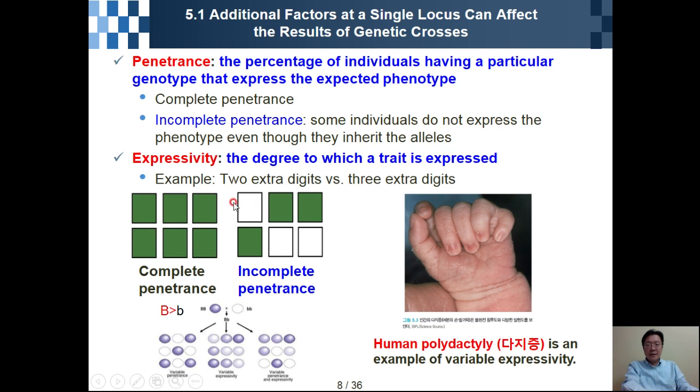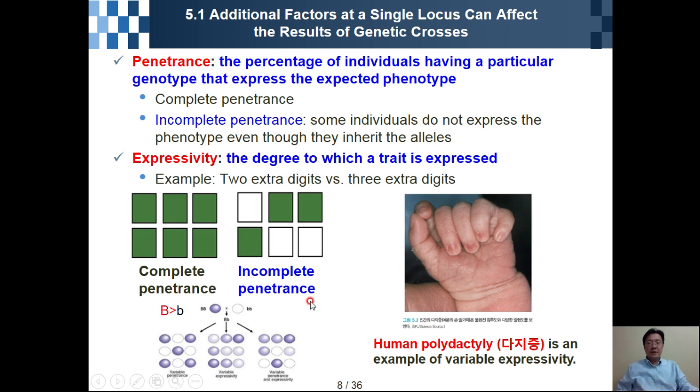So this one inherited the allele but did not express the phenotype, and this one and this one too. Penetrance means the percentage of individuals having a particular genotype that express the expected phenotype.